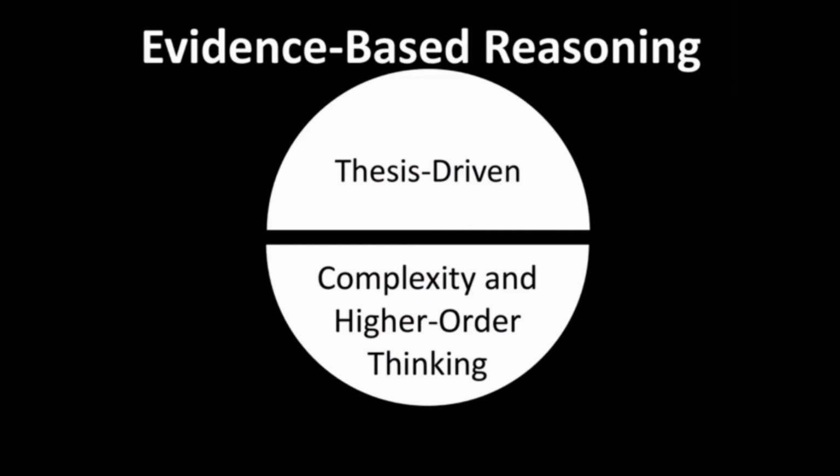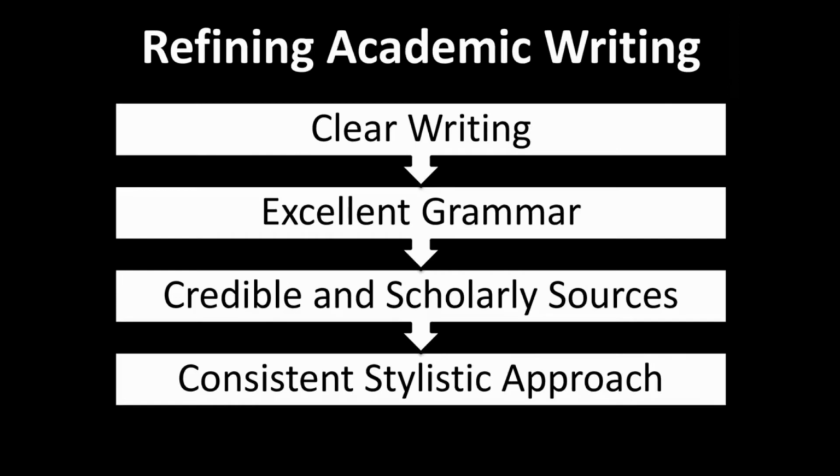And for you to do it, you need to refine your academic writing, which includes clear writing, excellent grammar, credible and scholarly sources, and consistent stylistic approach. What do we mean by those? First, when we say clear writing, thinking precedes the process of writing.